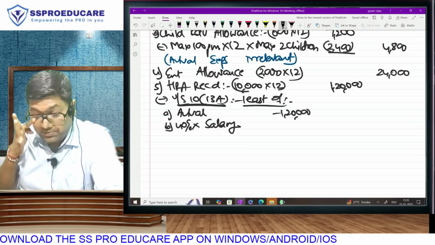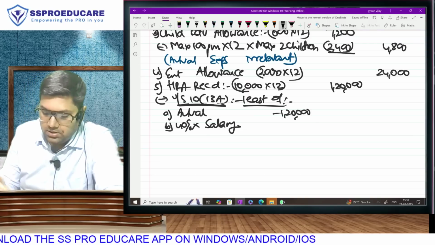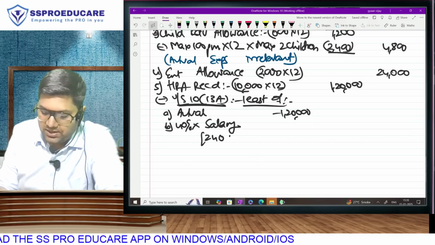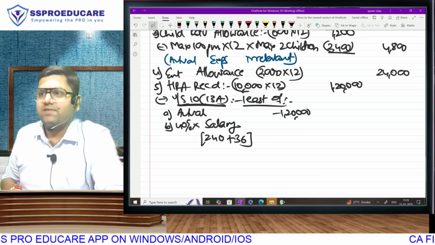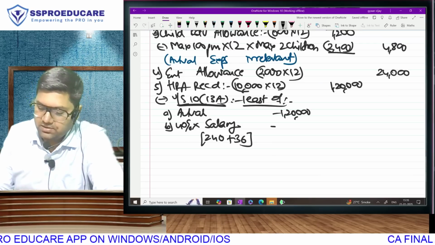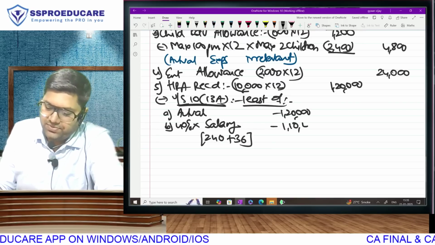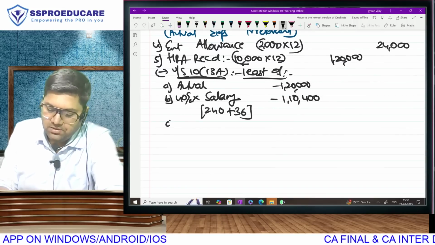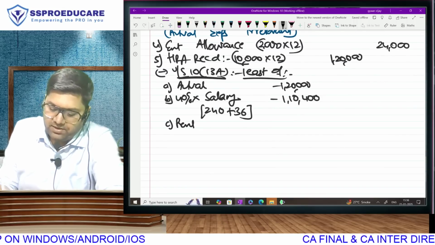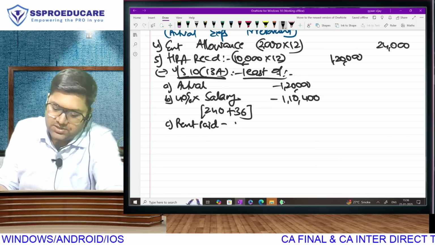40% of salary. So 40% of what? Basic plus DA in terms plus fixed percentage commission on turnover. There is no commission. That is why we need the division. So what do you get here? 1,10,400. And anyone remembers the third limit? Rent paid minus 10% of salary.